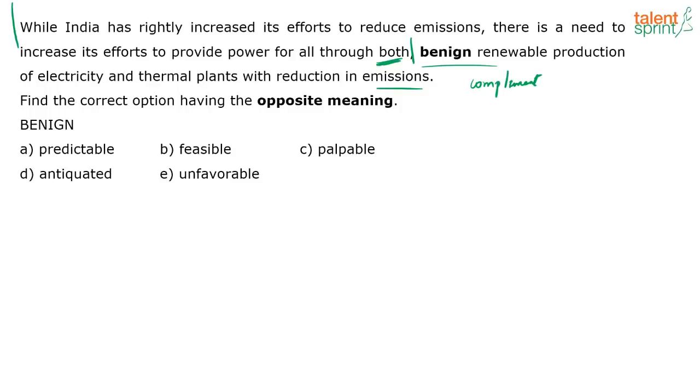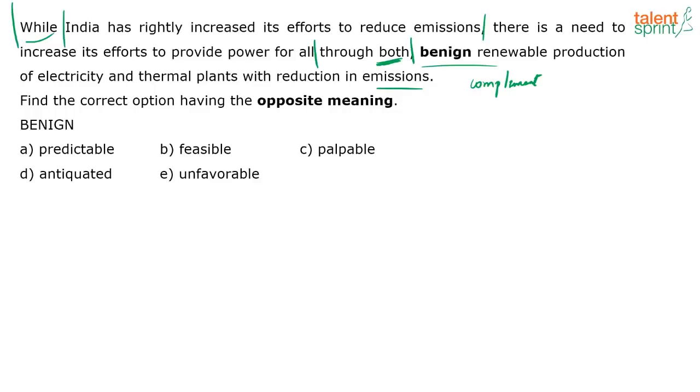So while might be my antonym hint word, but it's really not helping me with the highlighted word here, right? Because India has rightly increased its efforts to reduce emissions, that's clause 1. There is a need to increase its efforts to provide power for all, clause 2. And while is there, so that's just standing out separately, which means I still need to identify a clue phrase.